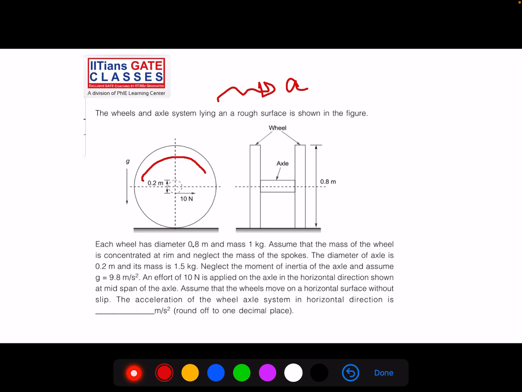This is how the wheel must be moving. This is a case of pure rolling, no slip possible. The wheel axle system, this is how it must be rotating.